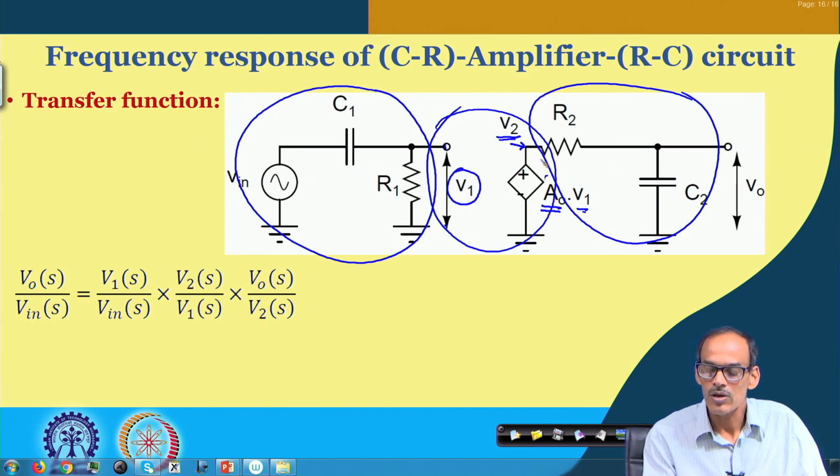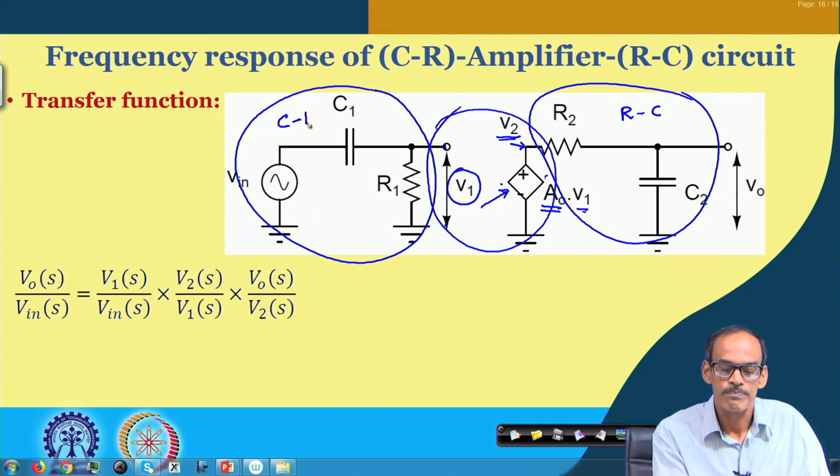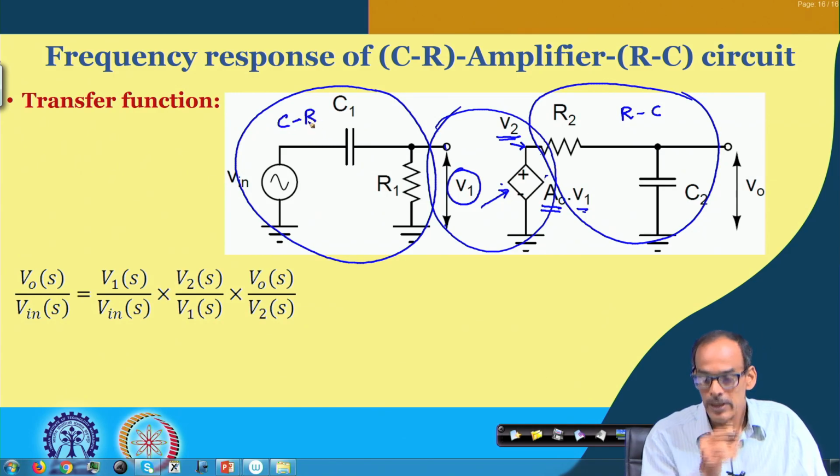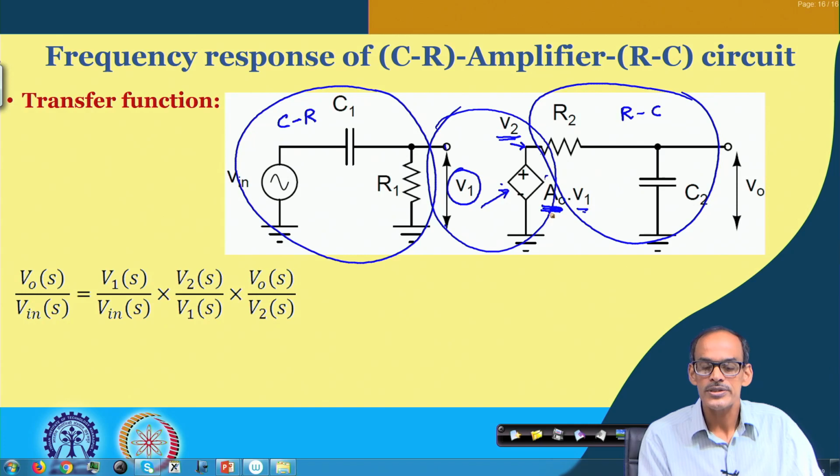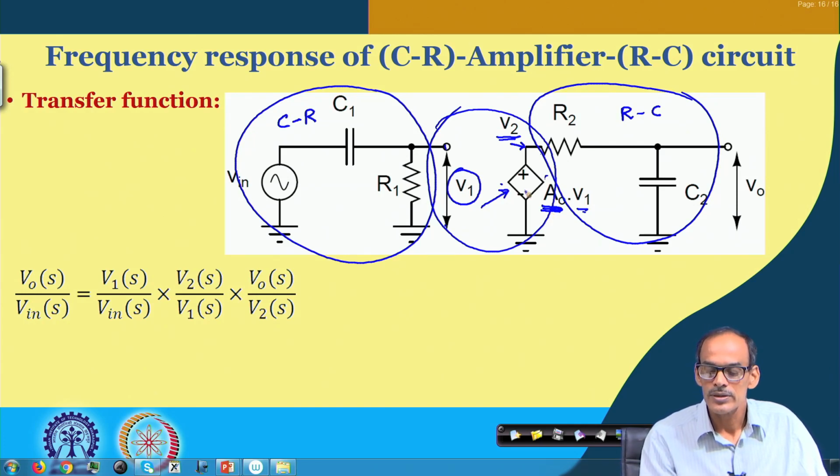This ideal voltage dependent voltage source ensures that the loading effect of the RC circuit does not fall on the CR circuit. If this A naught has a magnitude higher than 1, we can say that this voltage dependent voltage source is an ideal voltage amplifier.